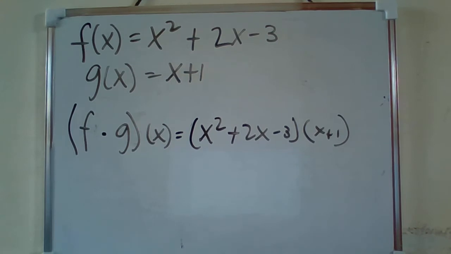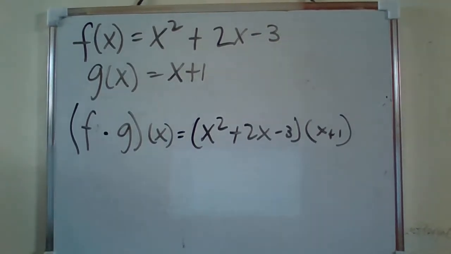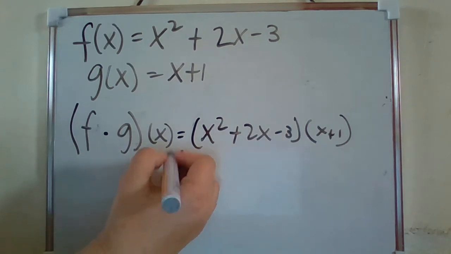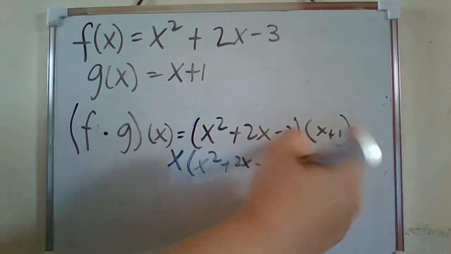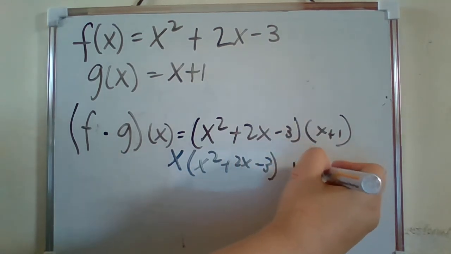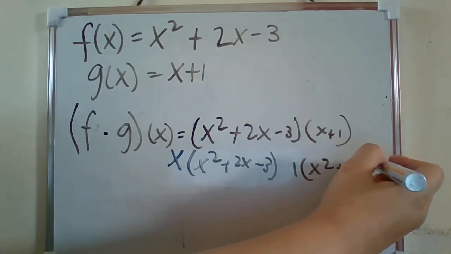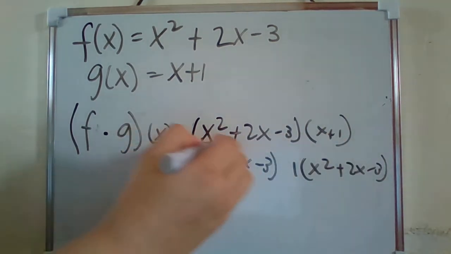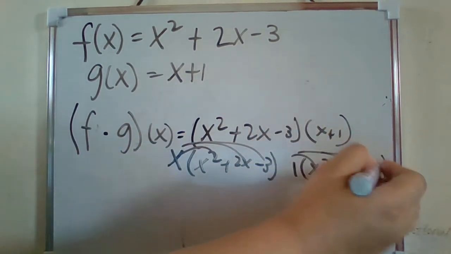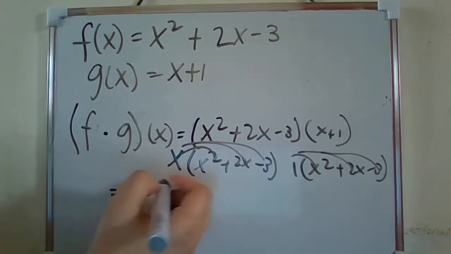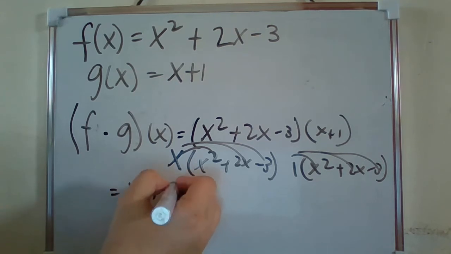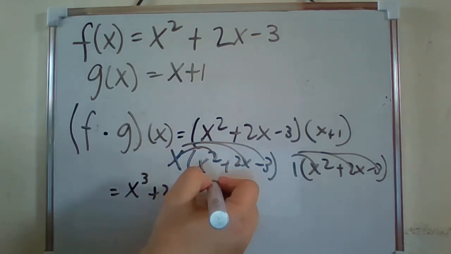Kasi, pagdating sa multiplication, kahit hindi the same term, pwede natin siyang i-multiply. So, unahin muna natin si x squared plus 2x minus 3, and then si 1, okay, x squared plus 2x minus 3. Then we multiply. So, ito magiging x cubed. X cubed plus 2x squared minus 3x.